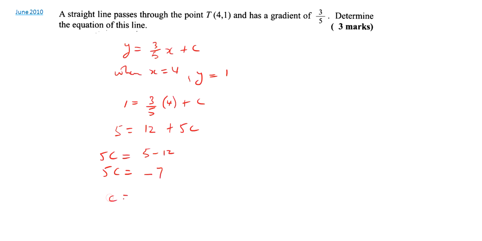And therefore c is equal to minus 7/5. So therefore the equation becomes y is equal to 3/5 x minus 7/5. And we can write this over as 5y equal 3x minus 7. Right? We just multiply everything by 5.